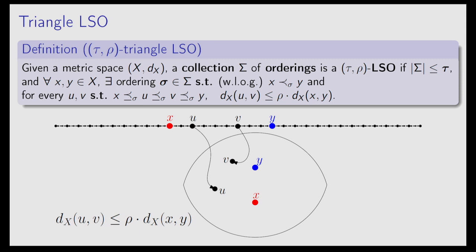But in a general metric space, this is something that you cannot achieve. What you can achieve is the following: for every pair of points u and v which are between x and y, the distance between them will be at most rho times larger than the distance between x and y.